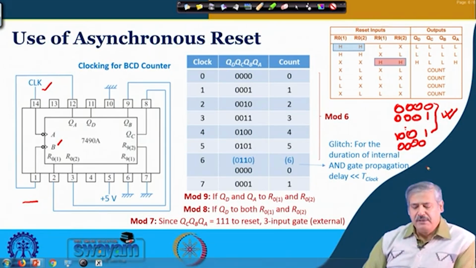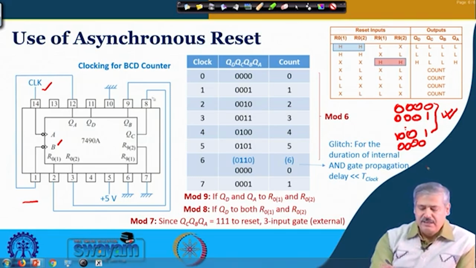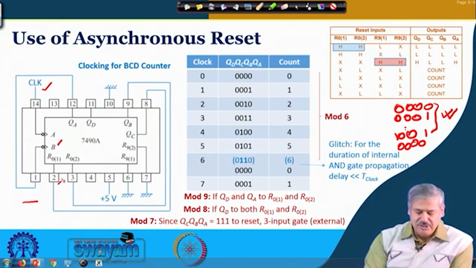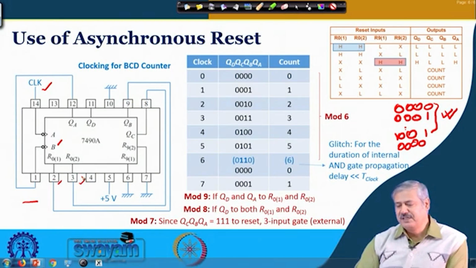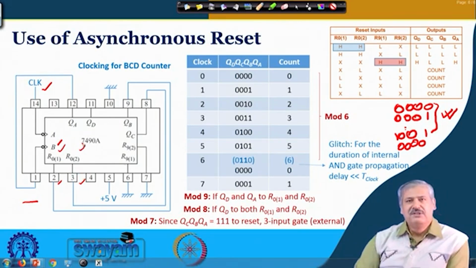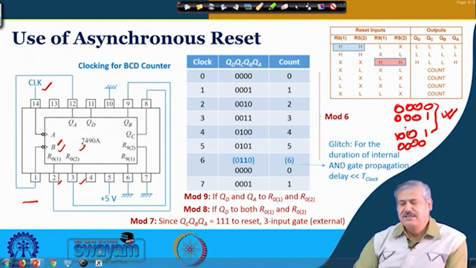Now, if you connect the QB and QC outputs, one of them is going to pin 2, another is going to pin 3. So, what will happen? These are R01 and R02, the asynchronous reset inputs, and internally there is an AND gate.